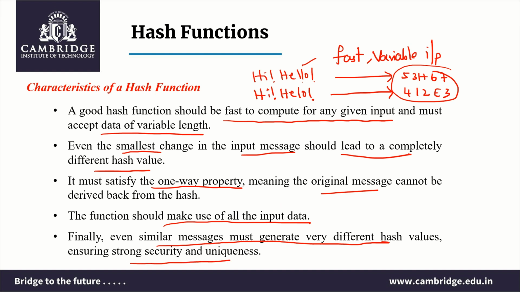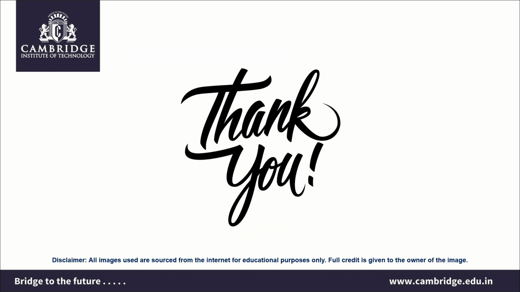The hash value of the same message may also be different: once I give a message I get a hash value, and another time I give the message I should get a different hash value. This randomness, if it is there, gives more security. So this is about the hash function, its properties and characteristics. Thank you, students.